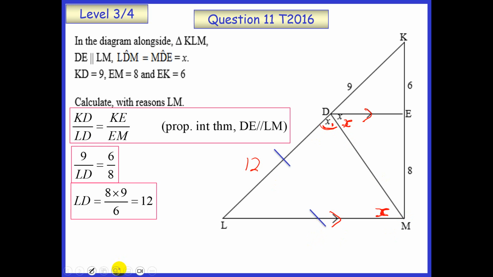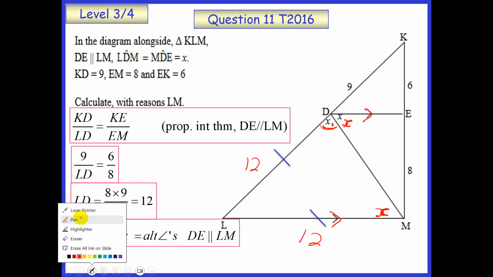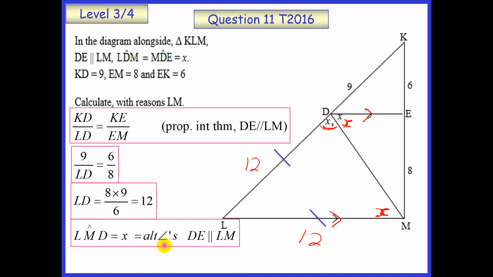And therefore we can conclude that LM is actually equal to 12. You can see I first stated angle LMD is equal to X, and that's because of alternate angles. DE is parallel to LM, and from there I can conclude that LM is equal to LD, which is equal to 12.